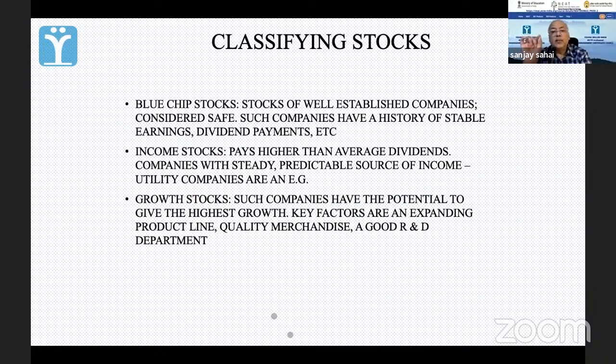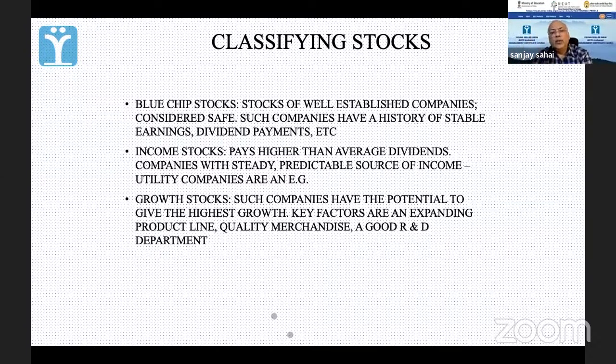So these are companies which have the potential to give you the highest growth. So remember, growth, whenever we say, is something which is in the future. So when we said PE ratio of 15 times, how did we justify that 15? We were saying that there is a potential in the future.